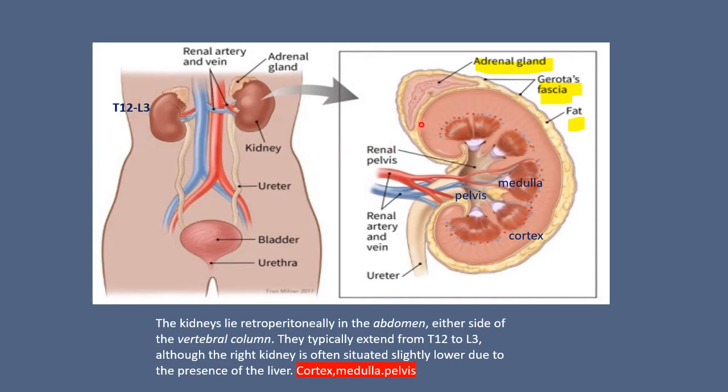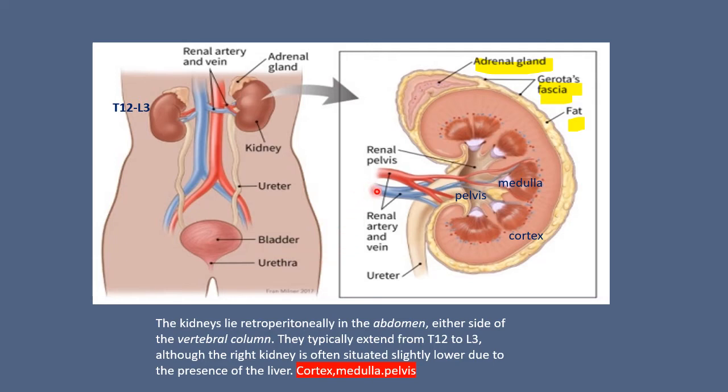The kidney itself is made up of three parts: the cortex, in which millions of tubules are located; then the medulla, where the collecting system is located; and the pelvis, which is the receptacle part of the kidney, which receives the urine before being transported into the ureter to be drained into the urinary bladder.